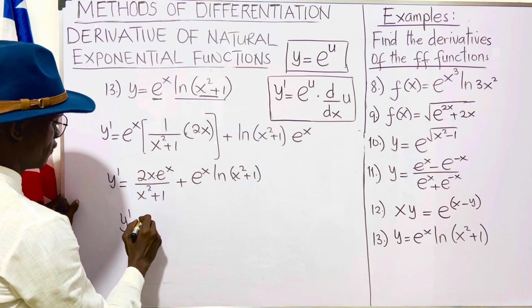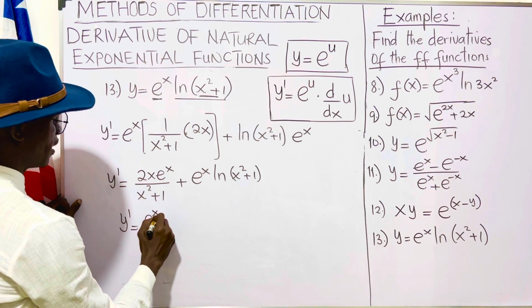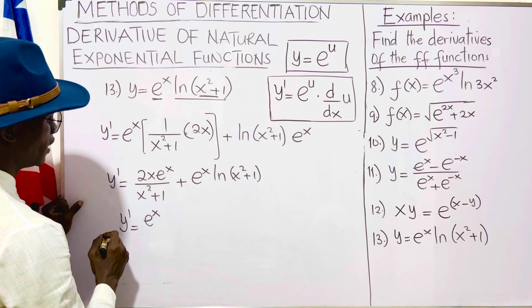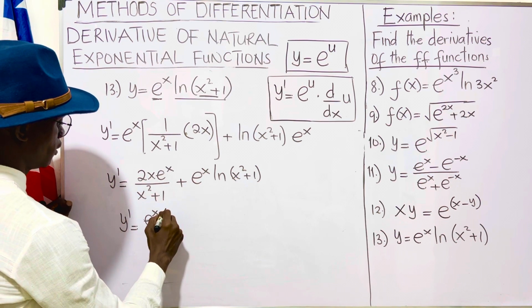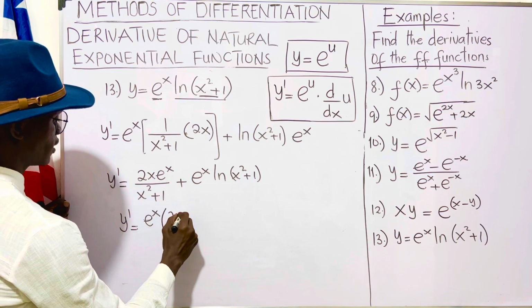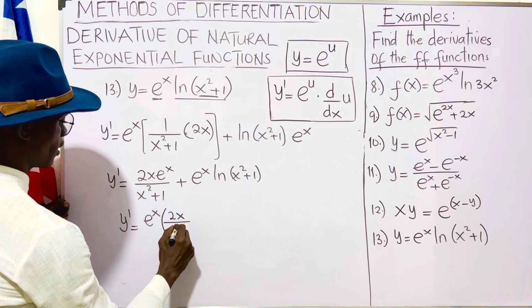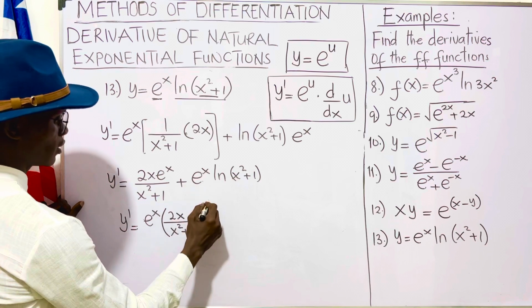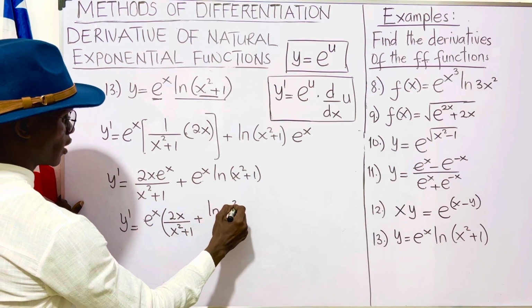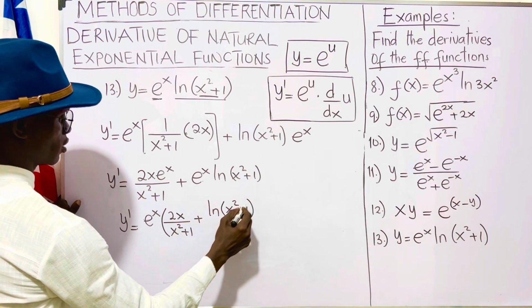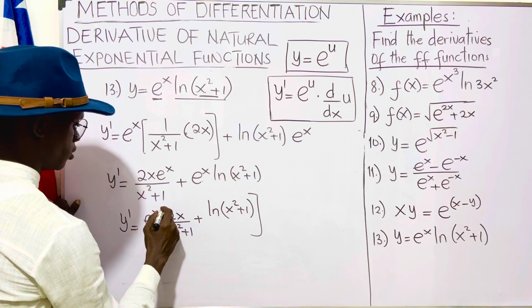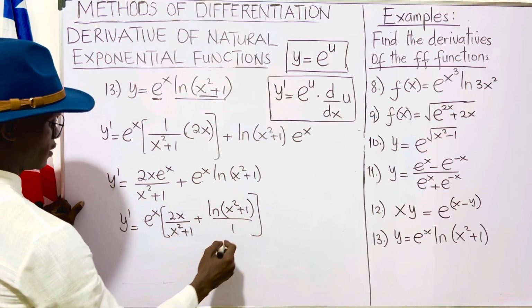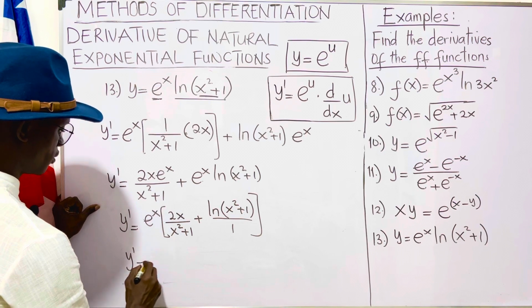But let's leave that. So we have e raised to the power x coming outside, and then we'll be left with 2x right there over x squared plus 1, plus, this is already out, the ln of x squared plus 1. So if we want to find the LCD, we can do that as well.